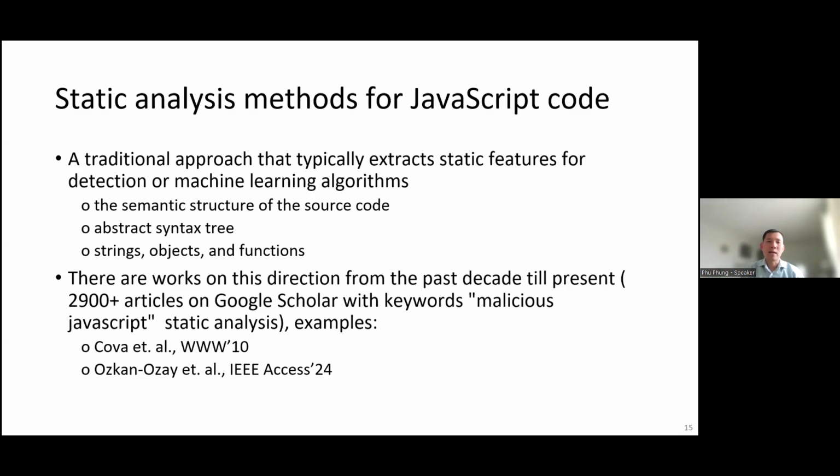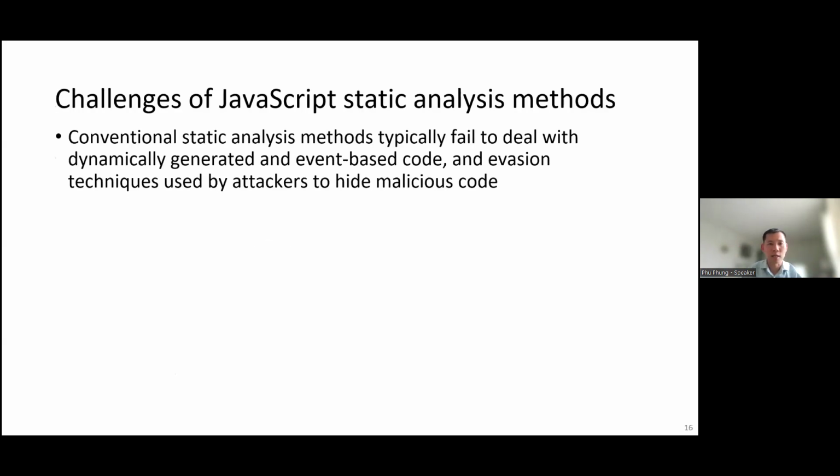Static analysis has the advantage that they do not need to run the code and they can extract the code, right? However, there are some challenges where static analysis fails.